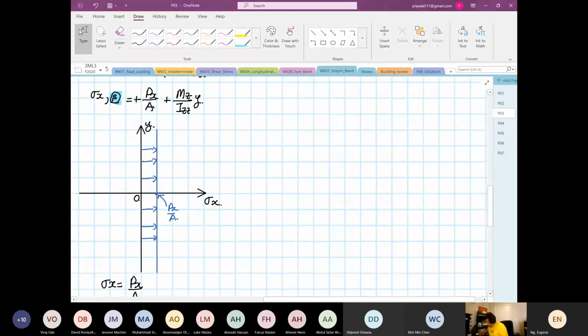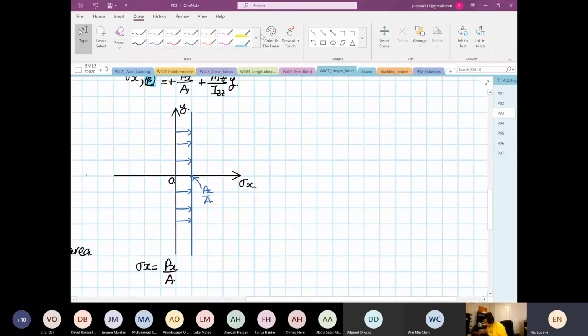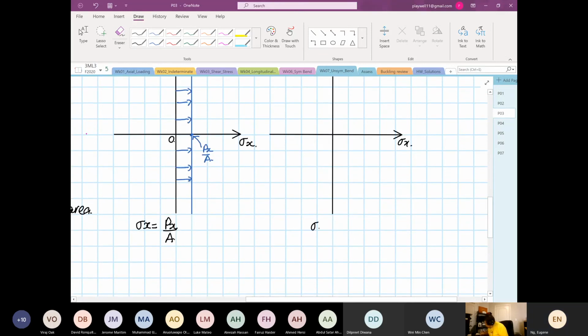Sorry. So the next thing that we draw is our stress view for bending moment, right? So now this is our Y. This is our stress X. And we're going to plot stress X is equal to My over I. Okay.